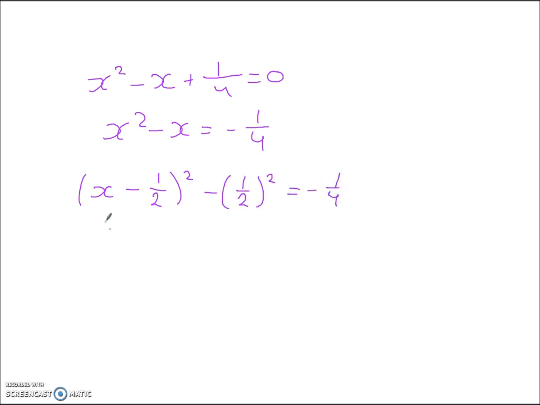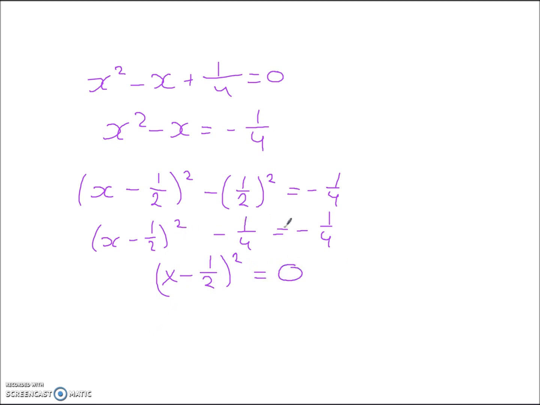If we multiply out these brackets, we get x minus a half squared minus 1/4 is negative 1/4. And we move this 1/4 to the other side to obtain x minus a half squared is equal to 0.